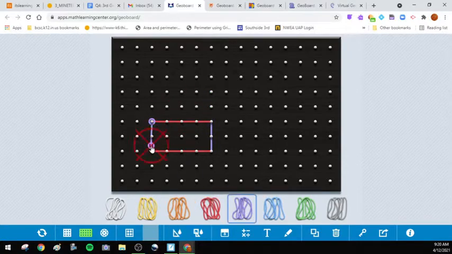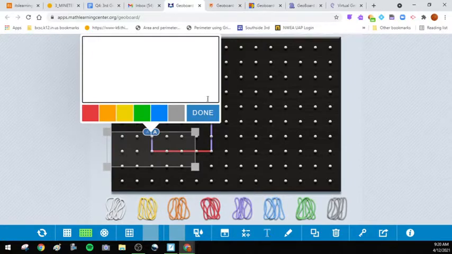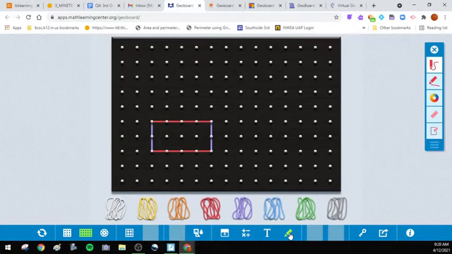And hang my 2 unit right there. So what I have right here is a 2 and a 2 and a 4 and a 4.